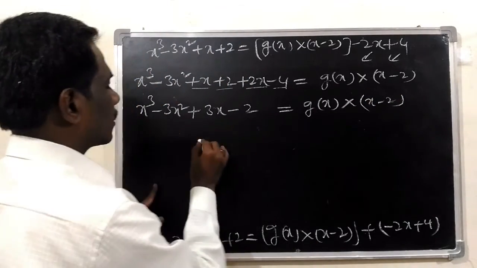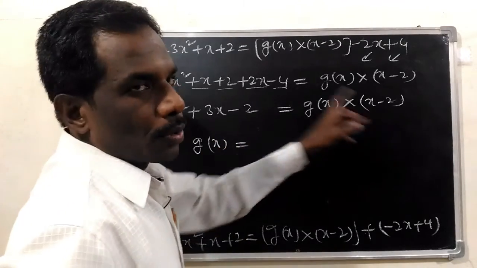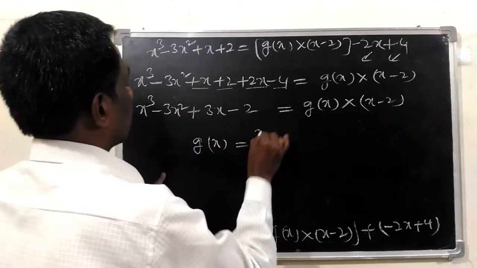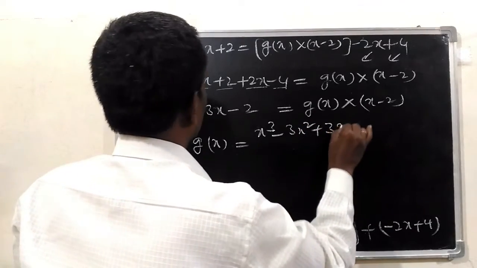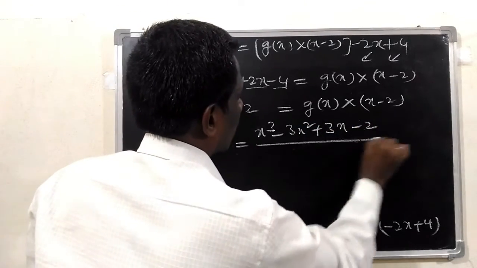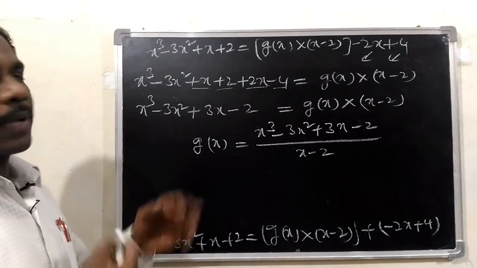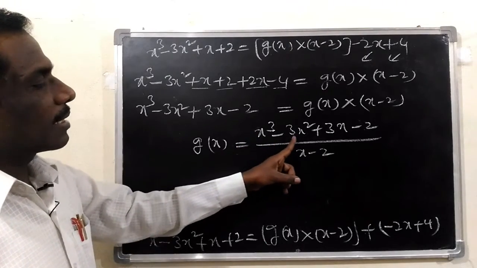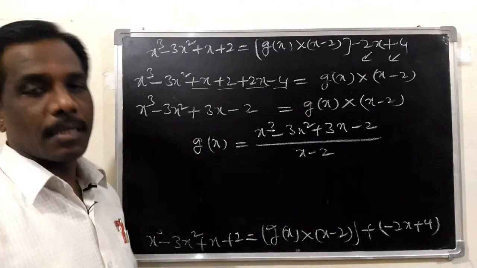To find g of x, transfer this x minus 2 to the left side, so it is divided by x minus 2. So x cube minus 3x square plus 3x minus 2 divided by x minus 2. To get the g of x value, we have to divide x cube minus 3x square plus 3x minus 2 by x minus 2.